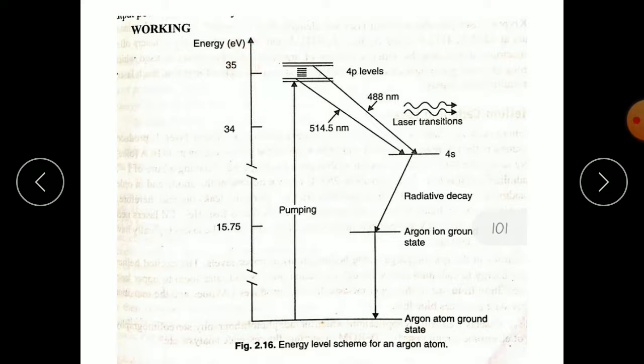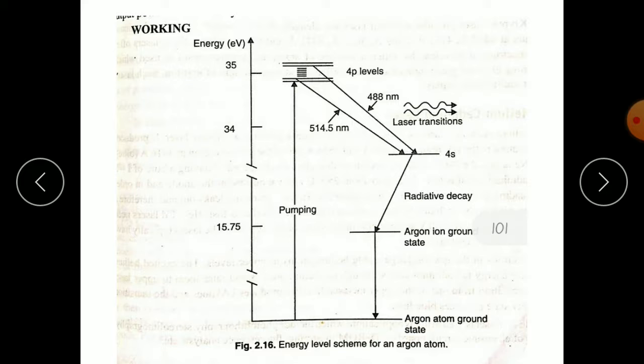There are three processes which populate the metastable upper state. First, electrons collide with the argon ions in the ground state. Second, ions collide with the ions in the metastable state.